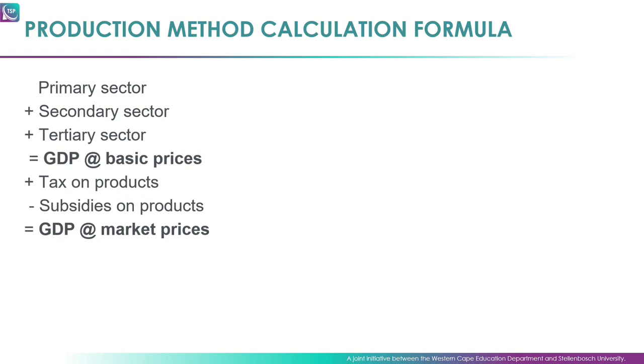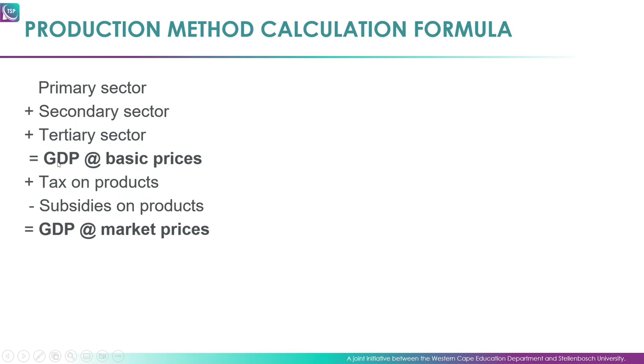You add those three totals together, and together these three give you your GDP at basic price. In a test or exam, they could also give you GVA at basic price, but GVA just stands for gross value added. It has the same meaning as GDP at basic price.